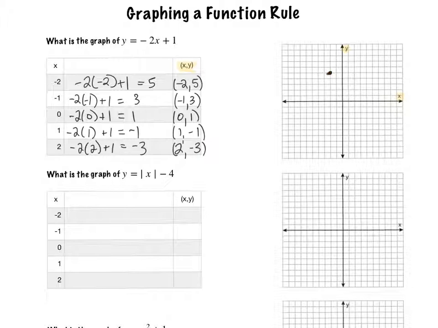I'm going to keep doing that. So -1, I go over -1 and up 3. 0 means I just stay right here on the x, and I'm on the y-axis, so I go up 1. 1, -1, 2, -3. And then I just connect that line.